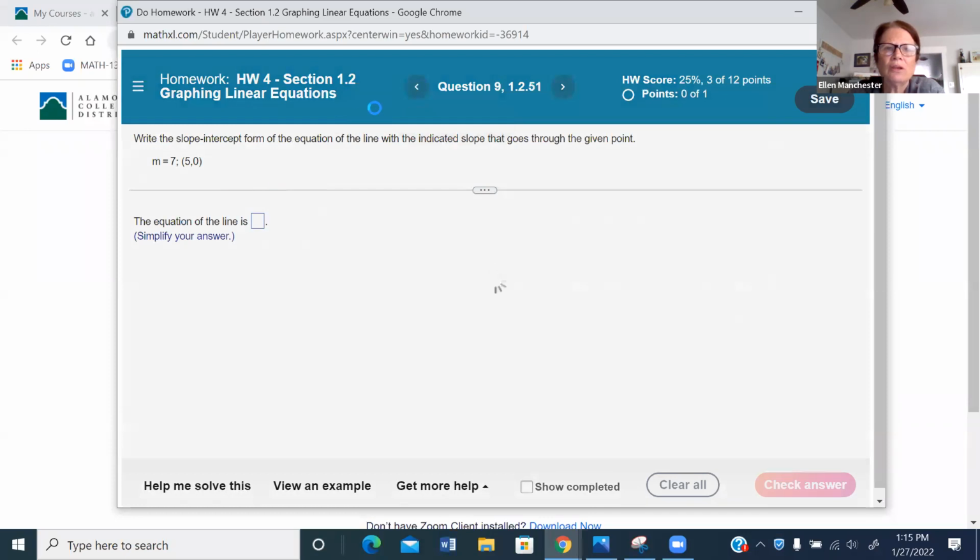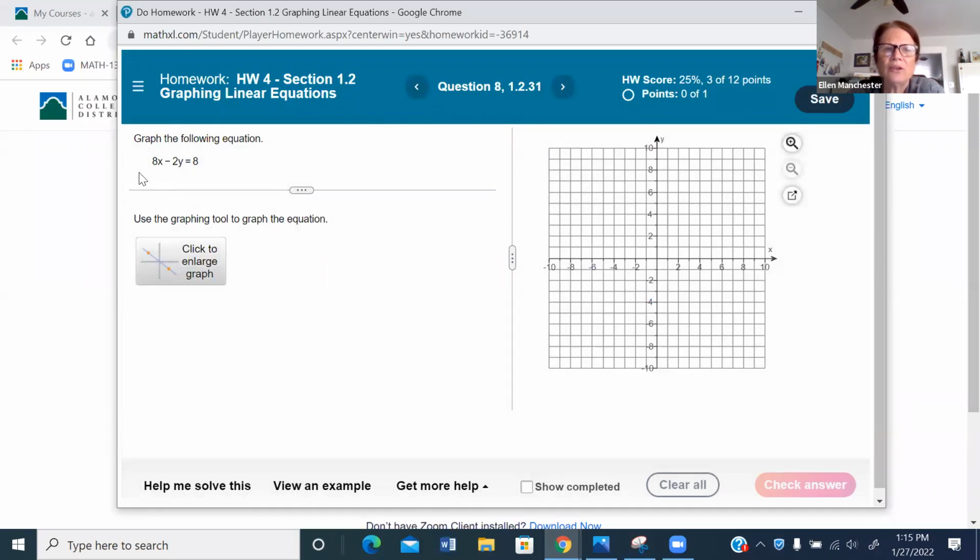So again, here's one in standard form. First thing I'm going to do is find my two intercepts. I cover up one term, and it does not matter which one I cover up first. I can cover either one of them up. So I divide both sides by 8, and I get x equals 1.